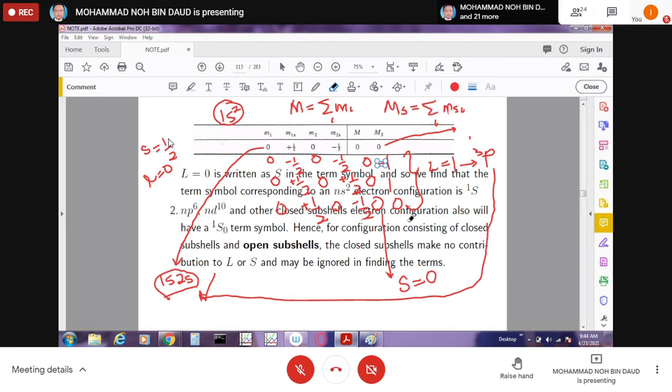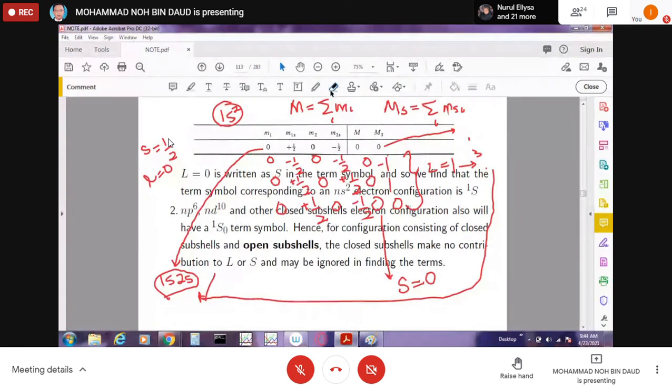Singlet, triplet. This is triplet. This is M. This is L. Please correct me.